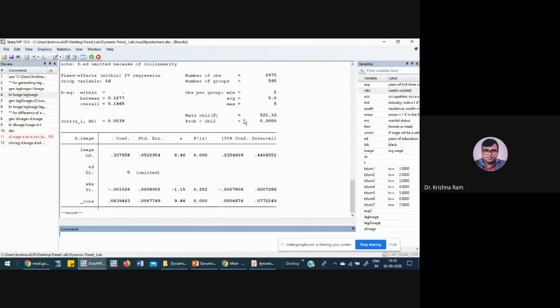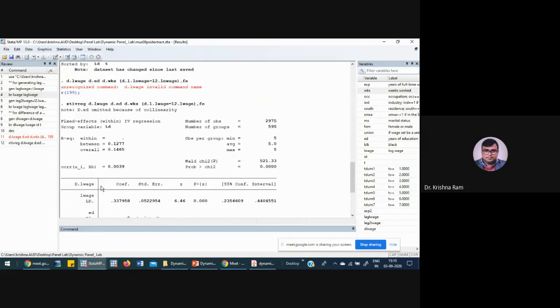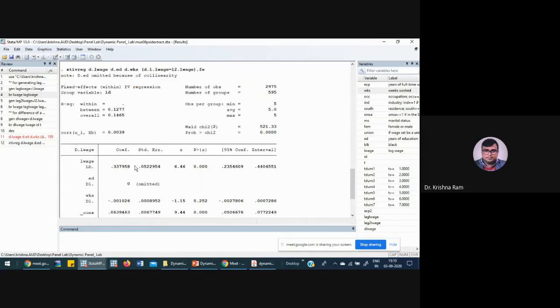So this gives us what we call the Anderson-Hsiao estimates of the fixed effect model. Within R-square, you are getting here as a dot. That means it is not defined by this particular model with this particular data set.